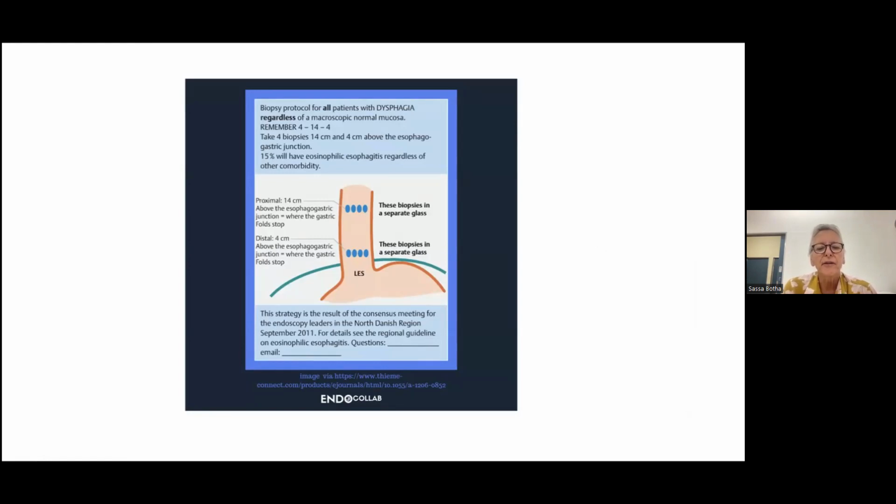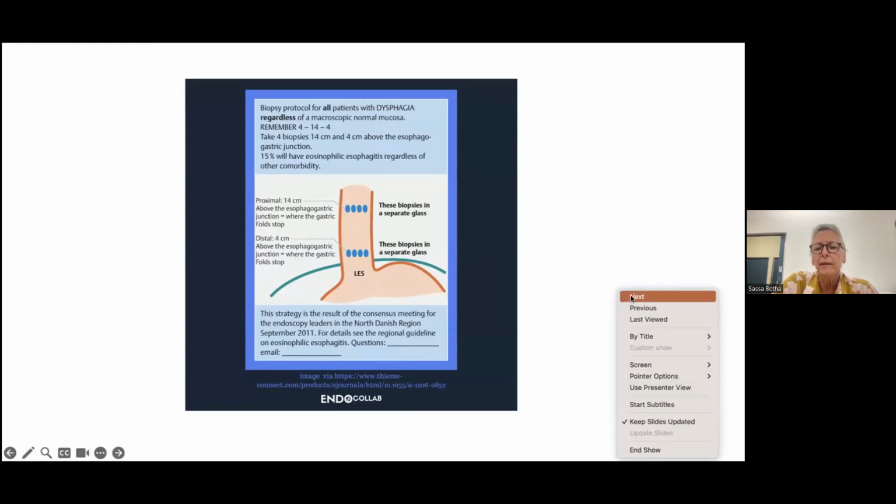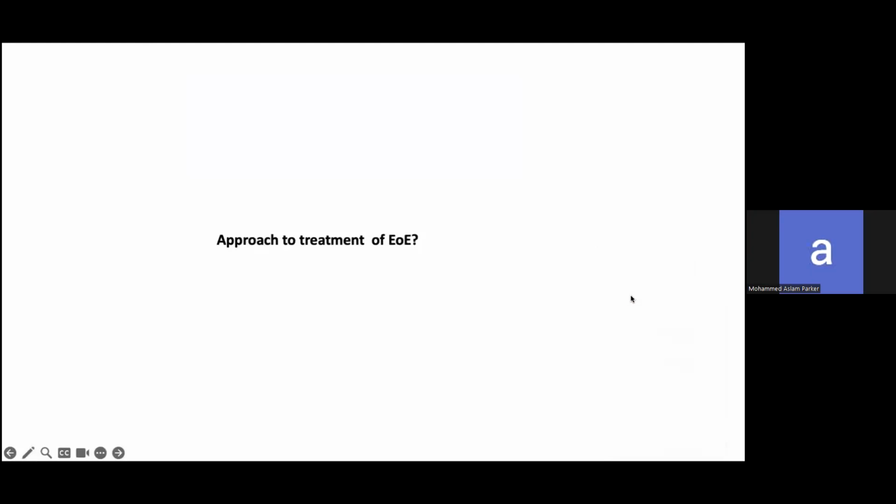I came across one that looked quite nice to remember: 4, 14 and 4. So 4 centimeters above and 14 centimeters of the proximal section, and then take 4 biopsies for it. Then you should be able to diagnose it.